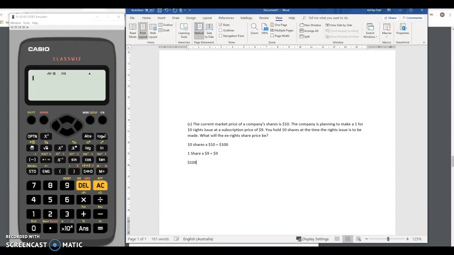So $9 plus 100, which is $109, divided by, we now own 11 shares. In our calculator, 109 divided by 11 is equal to $9.91, or 9.0909. It's best to round to 2 decimal places in this case.